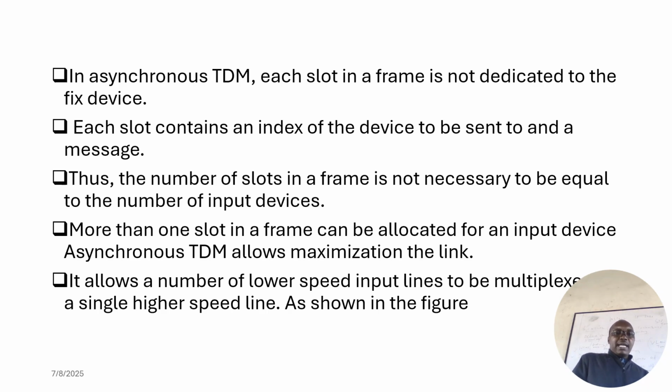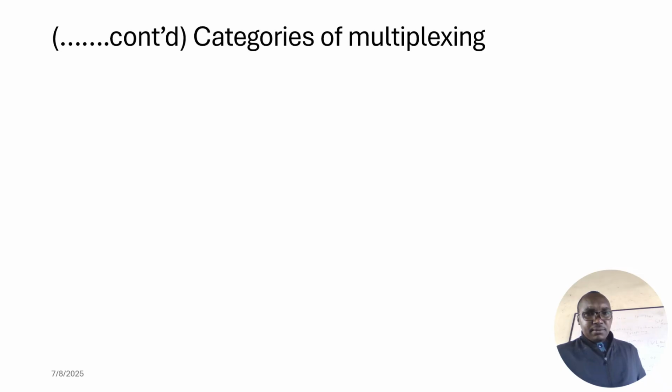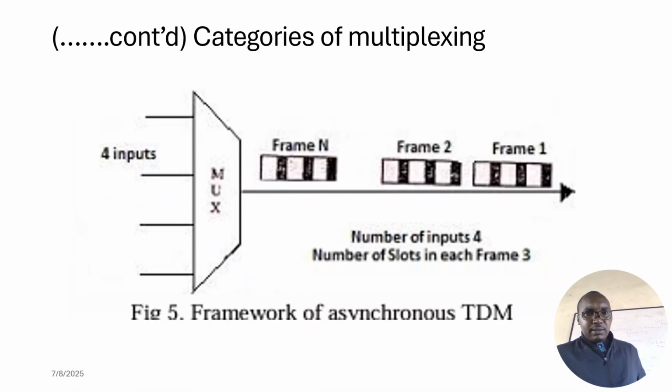It also allows a number of lower speed input lines to be multiplexed on a single high speed line, as shown in the figure. So you have 4 inputs, then you have the asynchronous, where the number of slots in each frame is 3.